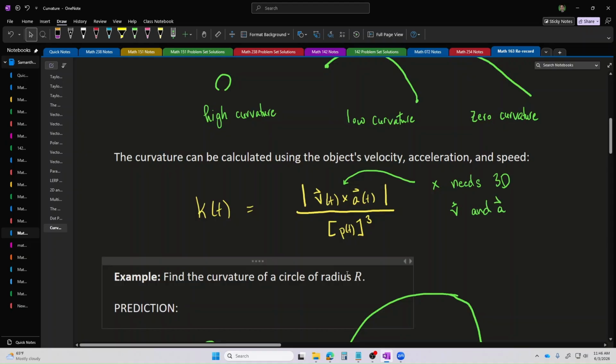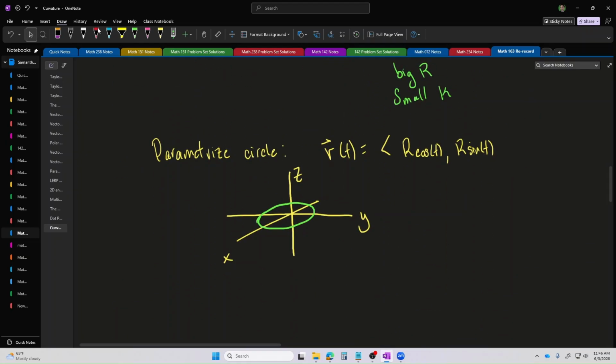For that reason, I'm going to parameterize the circle in three-dimensional space, really by just putting a 0 in the z component. If I put the 0 in the z component, that will lay the circle flat in the xy plane within three-dimensional space. So this is a three-dimensional parameterization of this circle.